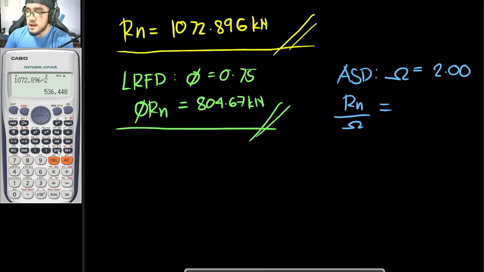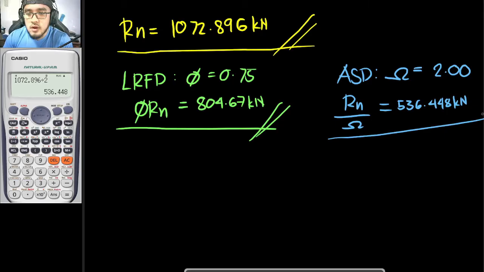So, that is equal to 536.448 kilonewtons. And guys, di ko alam kung naituro ko sa inyo to dati. If you multiply your phi and your omega, your answer should be equal to 1.5. As you can see here, 0.75 times 2 should be 1.5, as you can see in the calculator to your left.